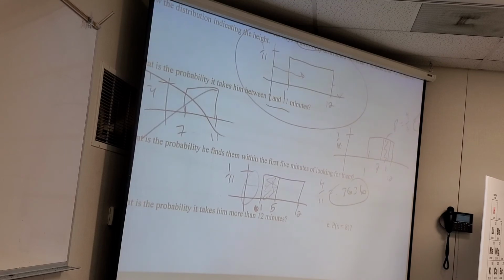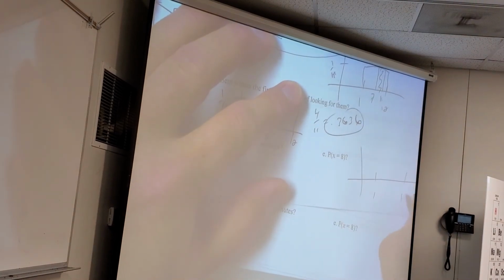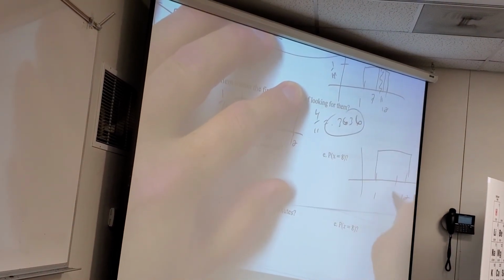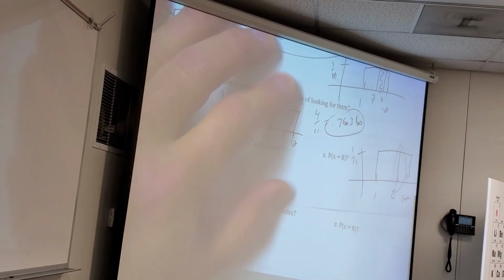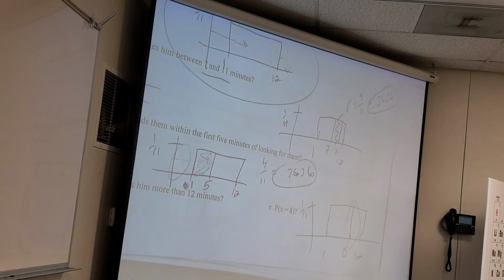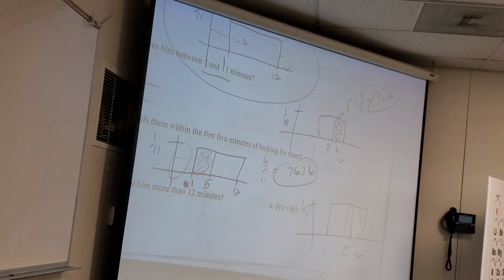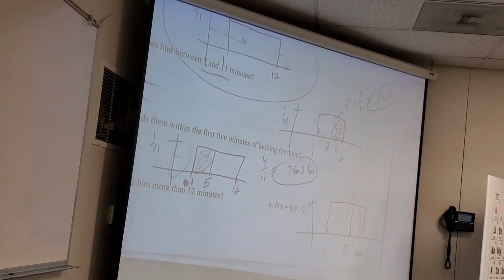Because if you draw in equals 8, what's that look like? Here's 8. There it is. What's the area of that line? It's not going from 8 to 9. That would be 1/11, because then it'd be 1 times 1/11. What's the width of a line? 0. Kick ass.